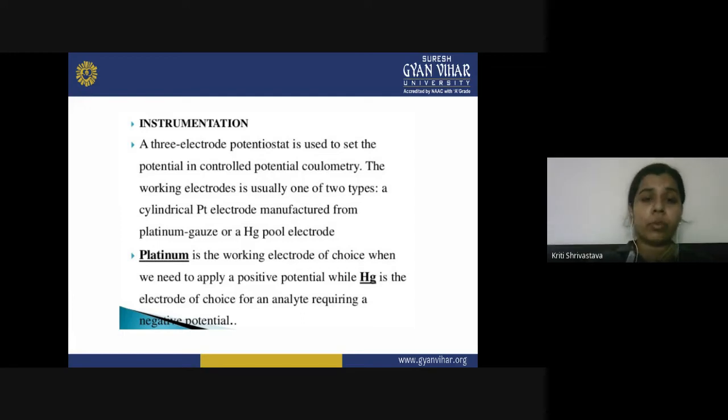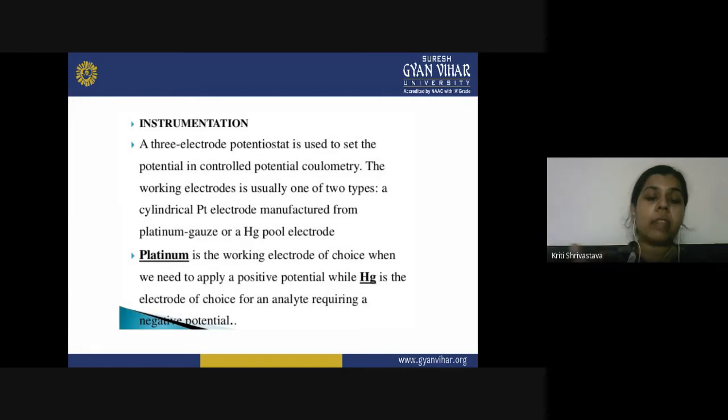How do we determine which electrode to use? Platinum is the working electrode of choice when we need to apply a positive potential, that is, when our analyte is going to be oxidized and the working electrode is the anode.